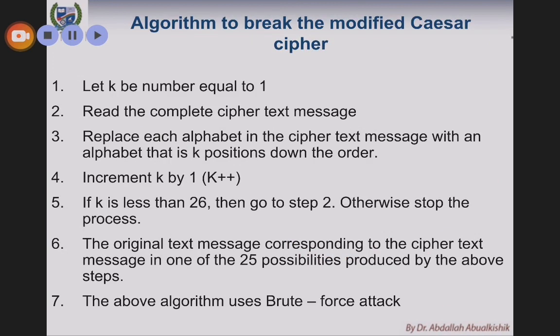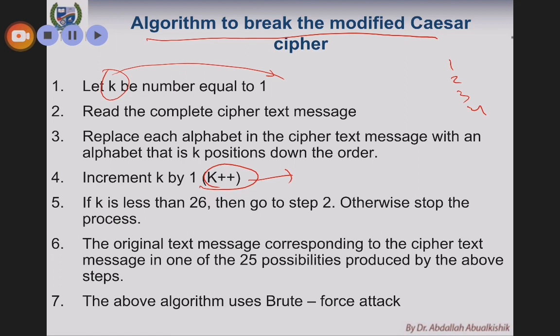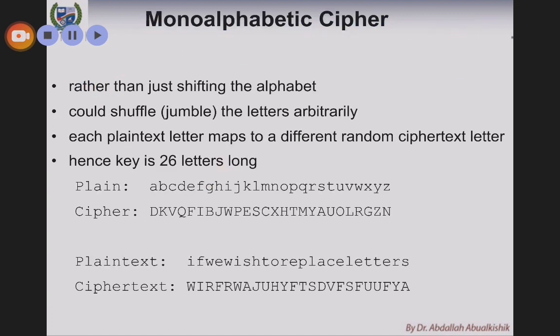So when they develop an algorithm to break the modified Caesar, they put the key equal to 1 and keep increasing. They try the key 1, 2, 3, 4, and transform all the letters by 1, by 2, by 3, by 4, until they find the suitable key and the message becomes readable.